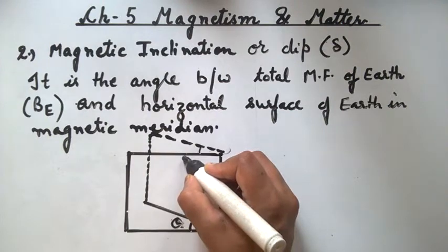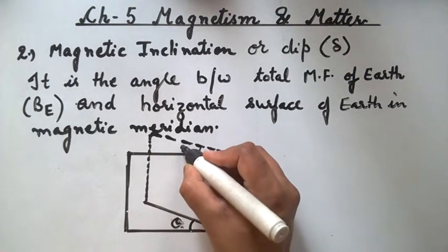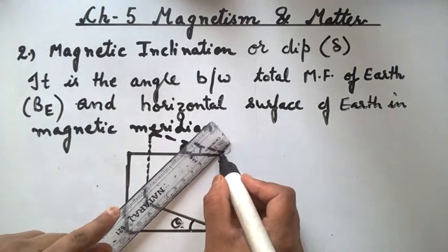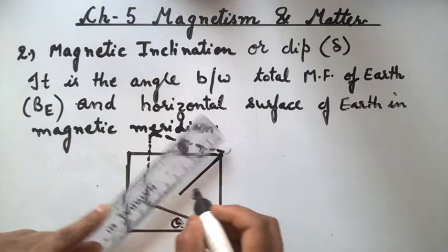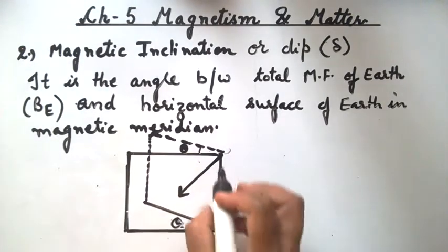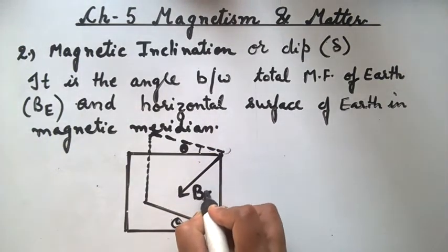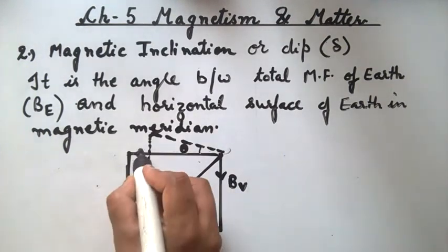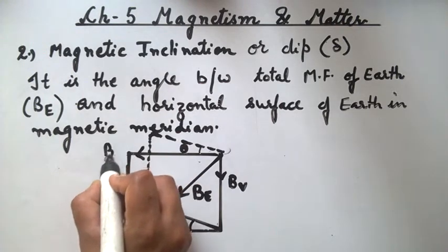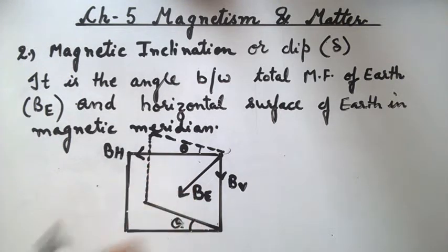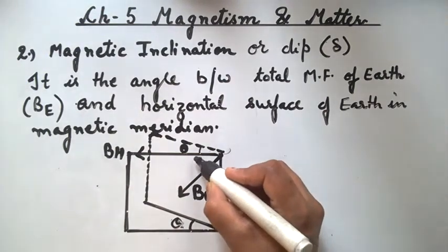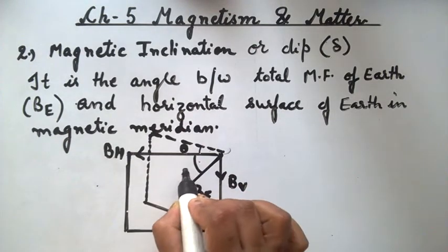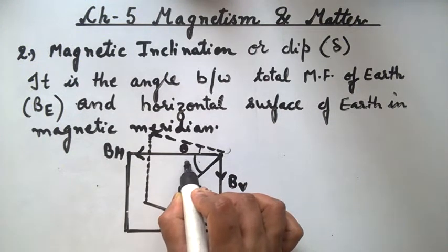The angle between geographic meridian and magnetic meridian is magnetic declination. Total intensity of magnetic field, BE. This is its vertical component and this is horizontal component. The angle between its horizontal component and magnetic field is angle of dip.